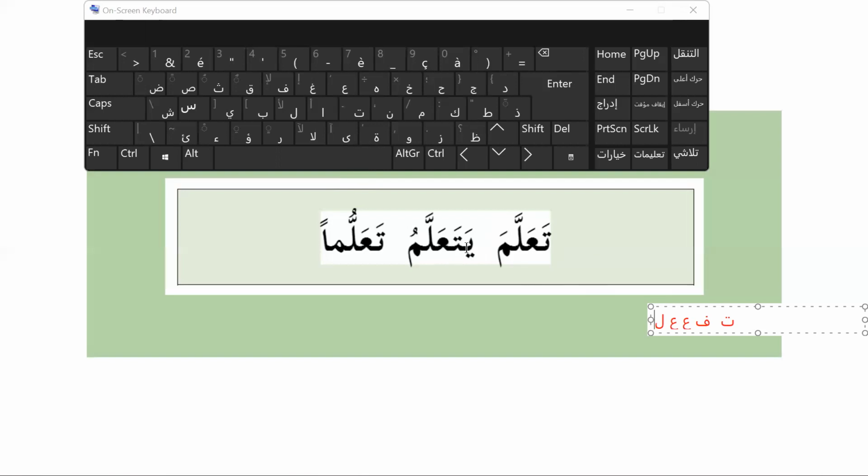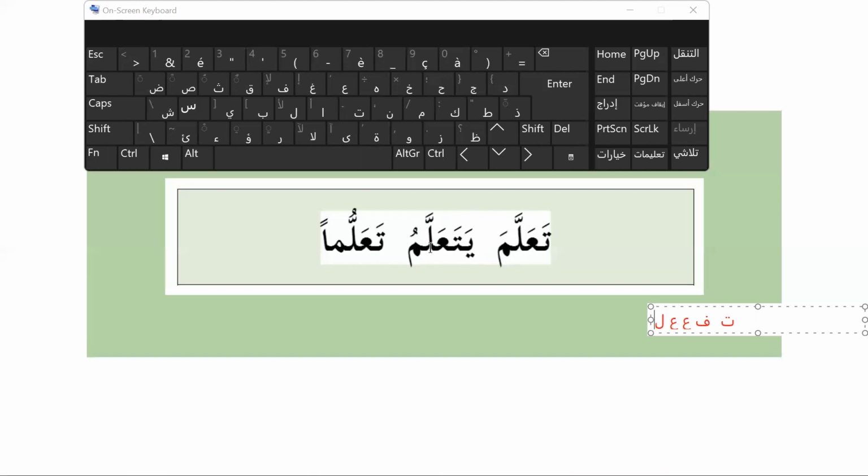Then ya is coming because of mudare, the symbol of mudare. Then ta is coming from the family. Ayn, lam, mim are the root letters, and the ayn kalma, which is the middle letter, is doubled.